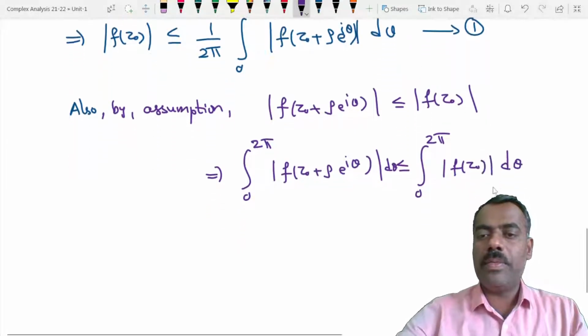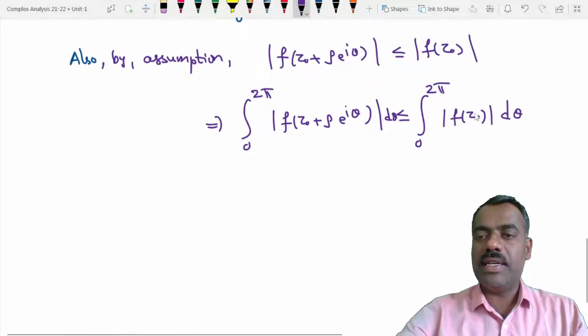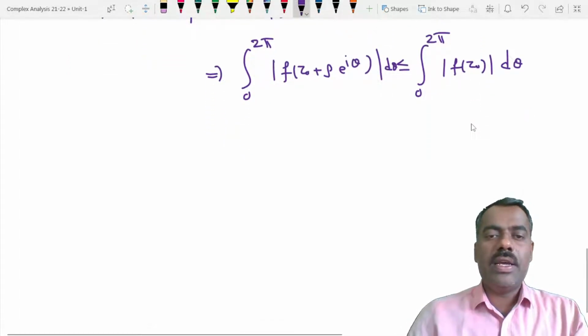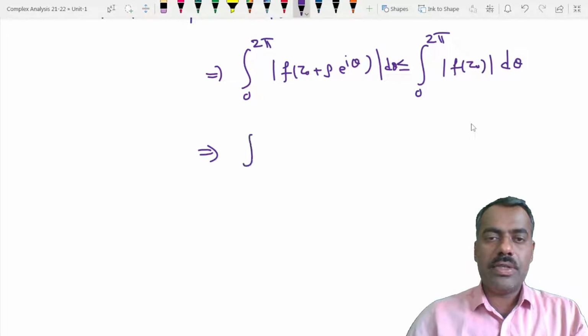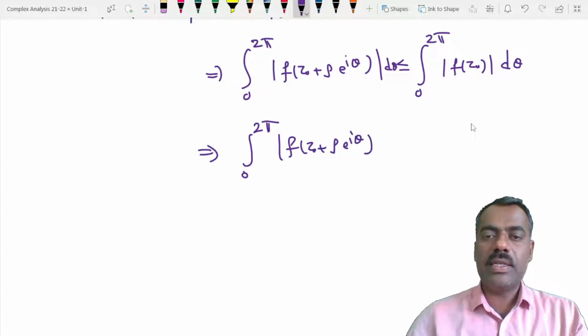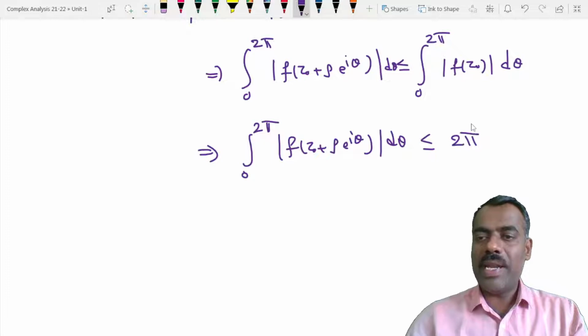But remember, this right-hand side is independent of theta, so it will come outside, and what remains is 2 pi times this. So the integral of |f(z0 + rho e^(i theta))| d theta is less than or equal to 2 pi times |f(z0)|.